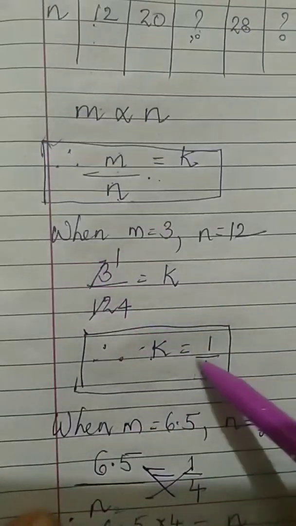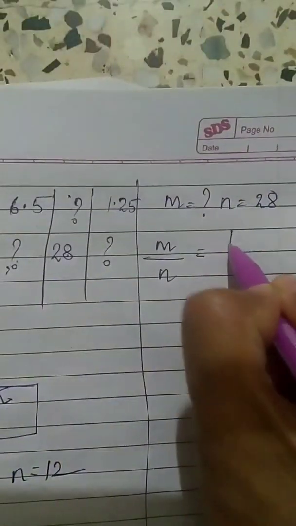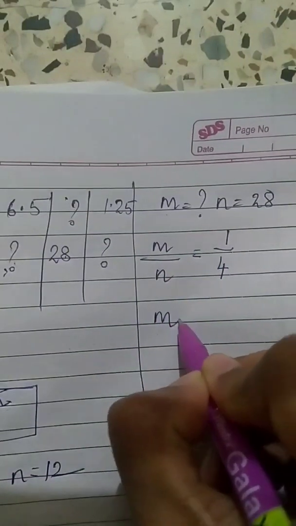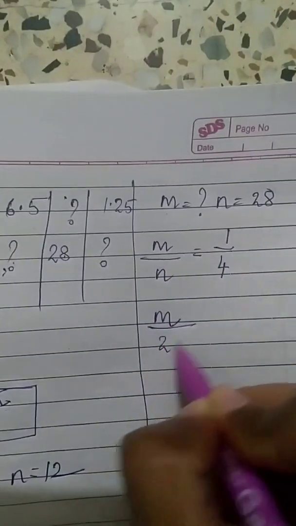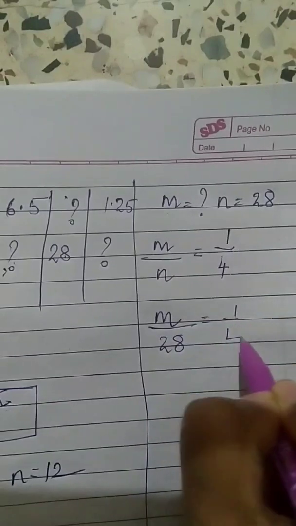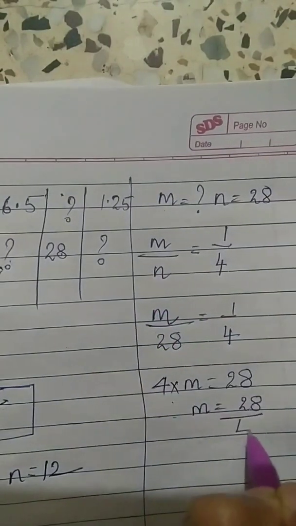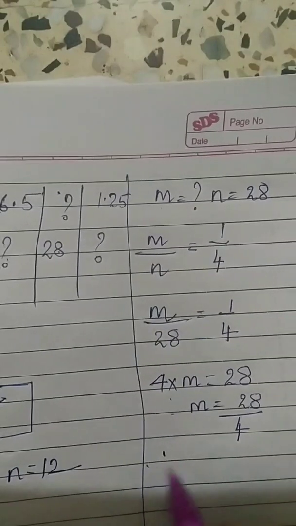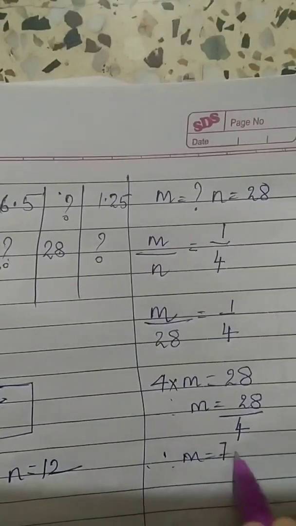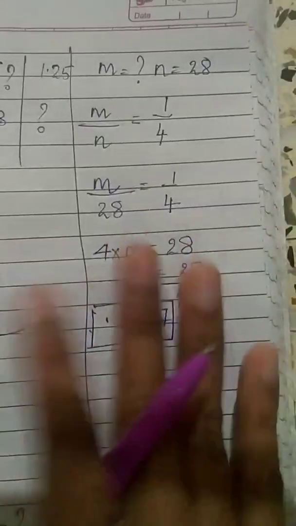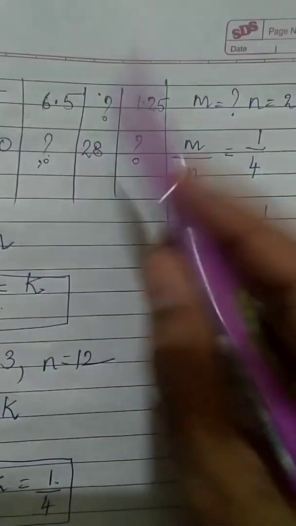The constant k is 1 upon 4. m I'll write as it is. n is 28 is equal to 1 upon 4. Cross multiply, m is equal to 28 upon 4. Therefore, m is equal to 7. Got the answer? So this also is done.